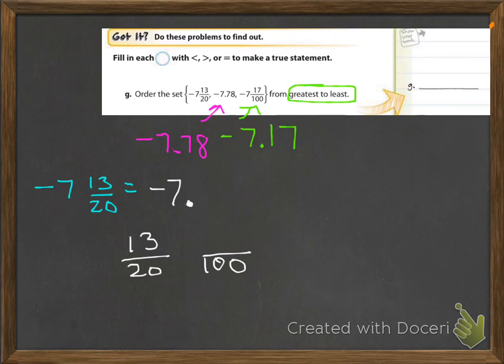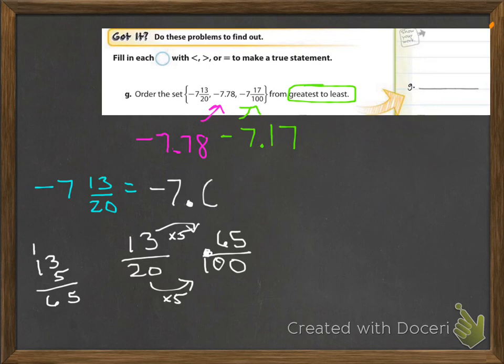We just put that up next to 100. Then 20 times 5 gives us 100. So now to find out what our numerator is, we're just going to multiply 13 times 5, and we get 65. So now that we have hundredths, remember this is sort of like the reverse lollipop where you put the decimal right there. Now you know it's going to be negative 7.65.